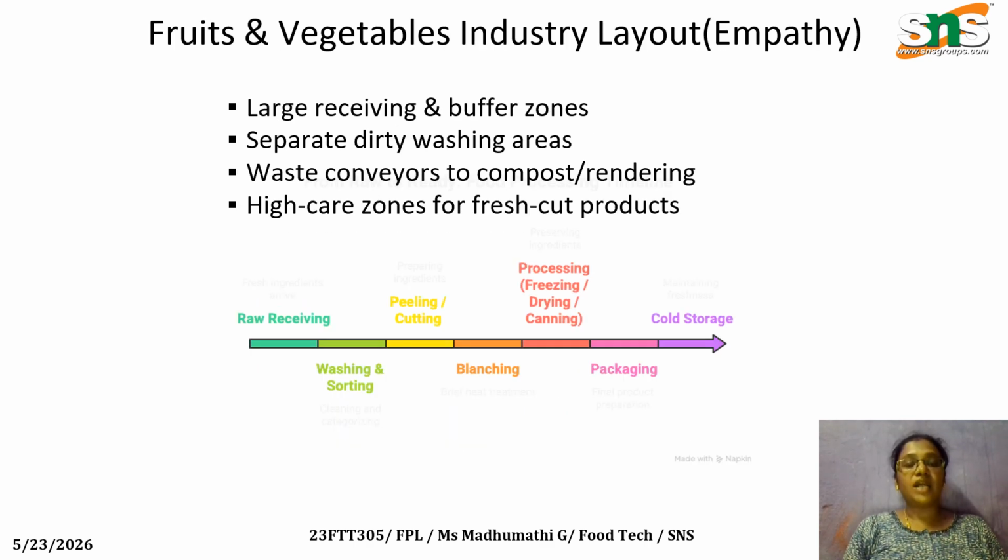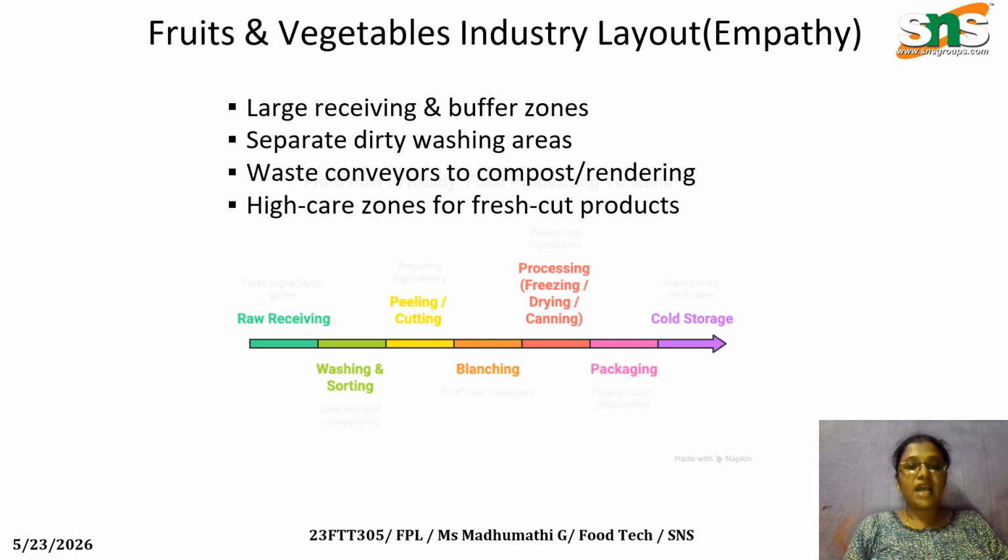In the fruit and vegetable industry, large receiving and buffer zones have to be provided, and a separate dirty washing area has to be kept, because in that place we are going to handle perishable things, along with waste conveyors to compost and render. We all know that more waste is produced during the processing of fruit or vegetables, so it has to be properly discarded by the use of conveyors.